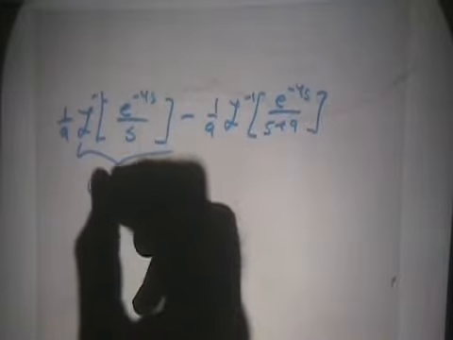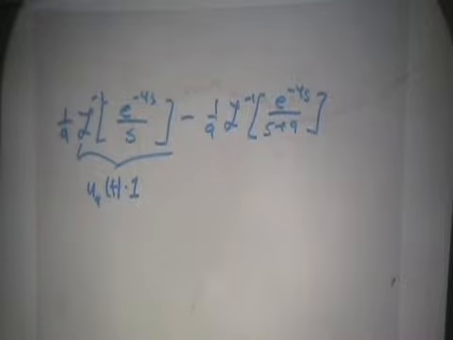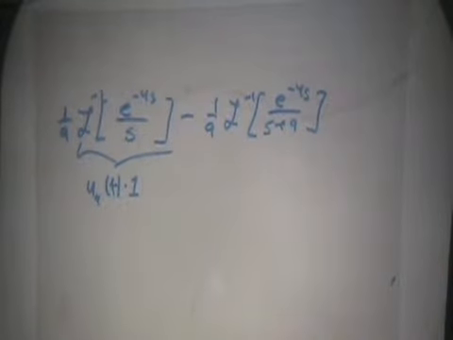Therefore, this thing becomes u sub 4 of t times 1 shifted over to the right by 4 units, because we have the f of t minus a in there, but the constant function 1 shifted to the right by 4 units is still the constant function 1.